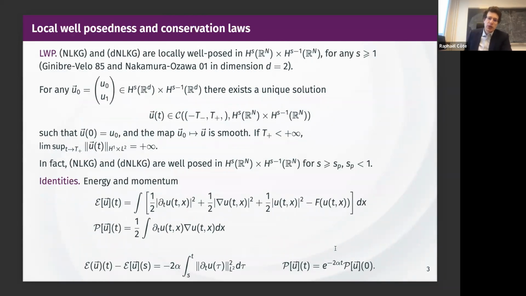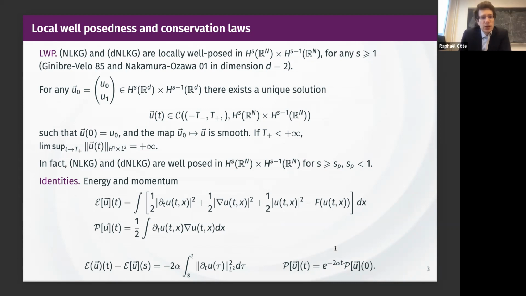Okay, so when you want to study an evolution equation like this, the first question you can ask is whether the flow is well defined, at least for small times. So you want to solve the Cauchy problem, and this has been done in the 80s and improved in the early 2000s.